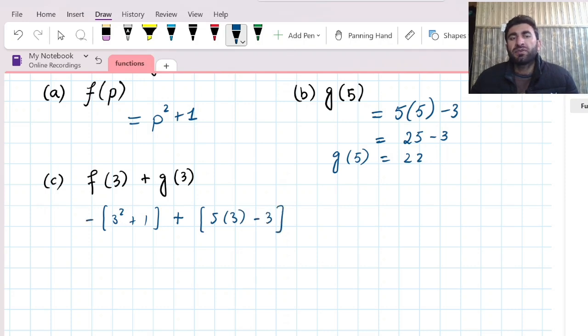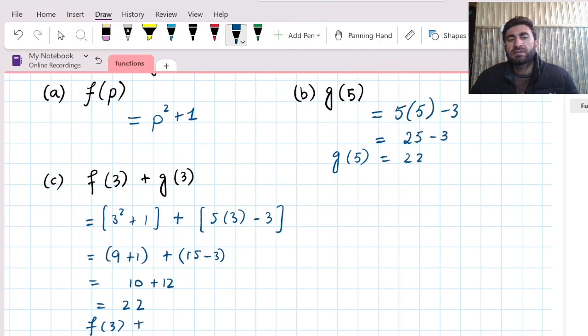Now we need to simplify the values in the square brackets first, and then we will add them up. So it will become 9 plus 1 plus 15 minus 3. So the result will be 10 plus 12, and that is 22. So that was the value of f of 3 plus g of 3.